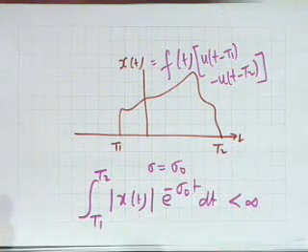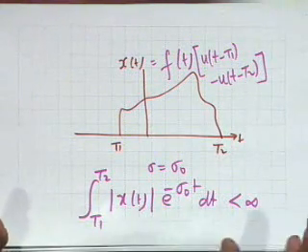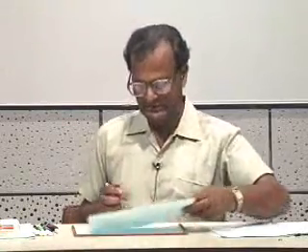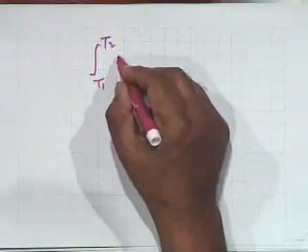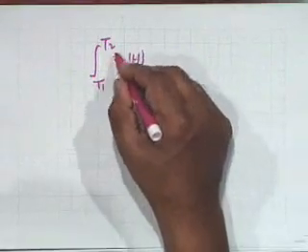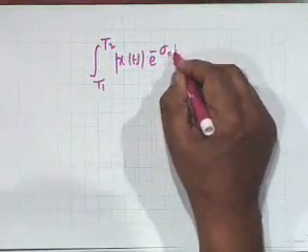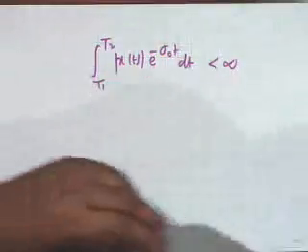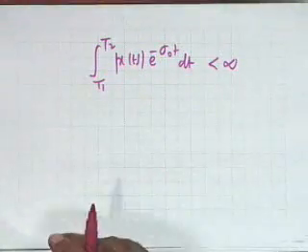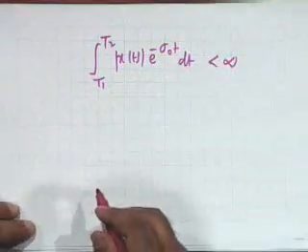That means the entire S plane is its region of convergence. And to show this is extremely simple. By hypothesis, the integral from T1 to T2 of x of t e to the minus sigma 0 t dt is less than infinity, because the Laplace transform converges for some sigma equal to sigma 0.